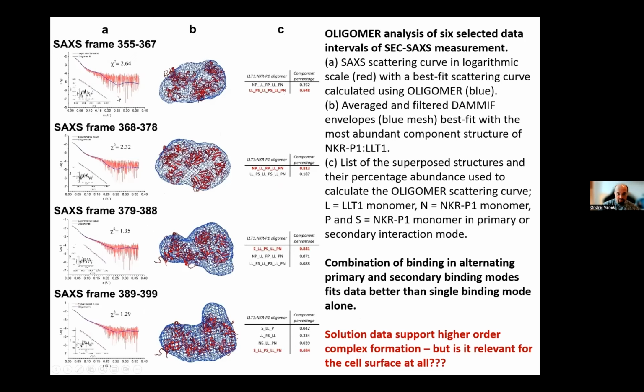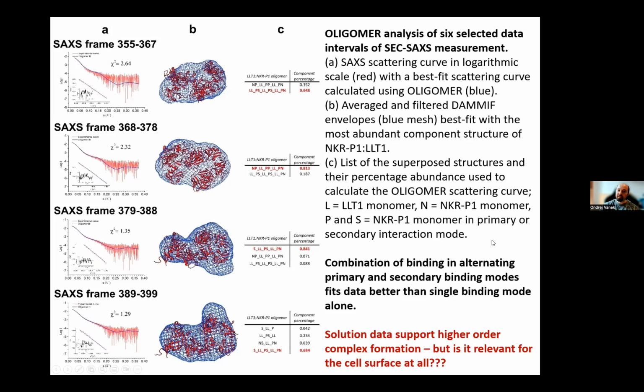and because we knew it's a mixture of various particles, we were not modeling these data by one or the other possible arrangement. But what Jan Blaha did is that he created a library of all theoretically possible combinations of dimers of LLT1 and NKRP1 in primary mode, secondary mode, both of them, just one, just the other.